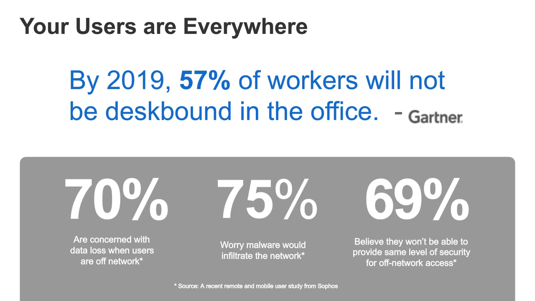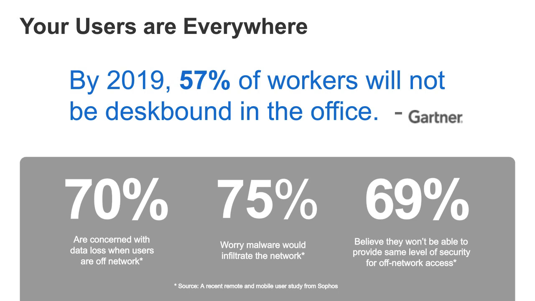And the other part is, on-premise infrastructure is not going to protect your users who are now everywhere, right? A recent survey, actually Gartner, says that by 2019, 57% of workers are not going to be desk-bound in the office. They're going to be working from multiple locations.